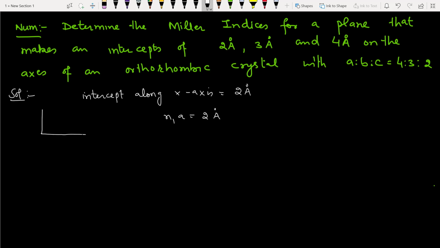Because when we represent a point on the axis, if this is the point, then it will be 2, 3, 4, 5, 6, it is 6A, because along the x-axis, A is the primitive unit vector. So 2 angstrom will be n1 times that unit vector.